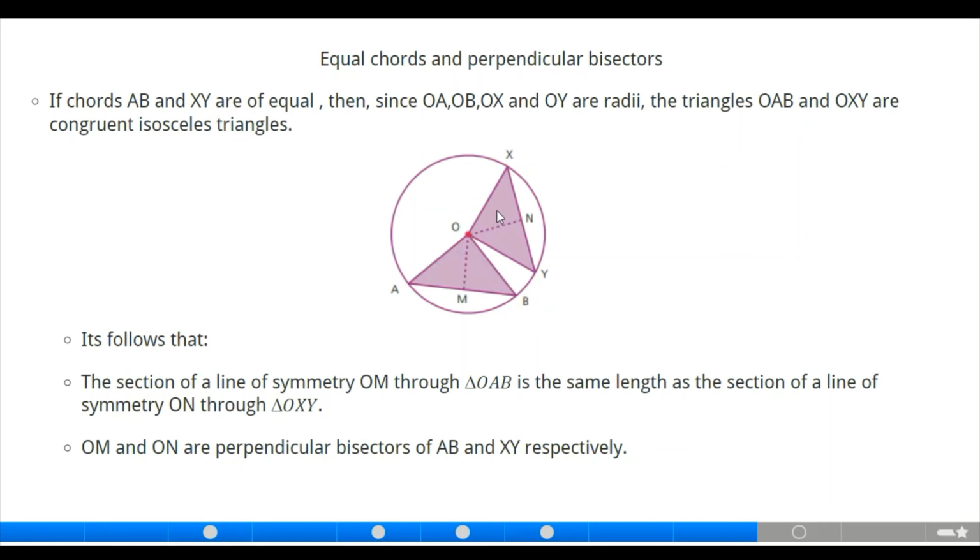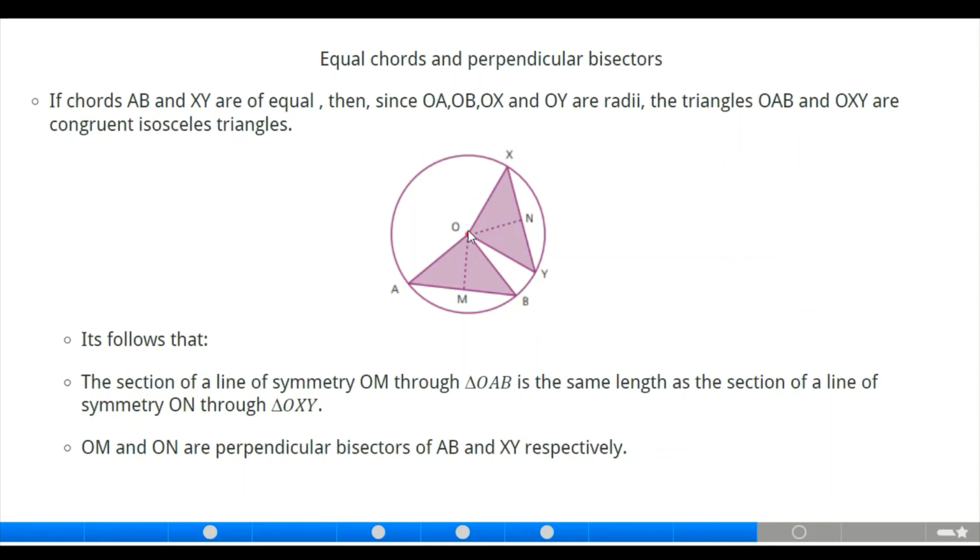Remember, triangle XOY, another triangle, has a sum of 180 degrees. So it makes the circle 360 degrees. They are said to be congruent isosceles triangles. And it follows that the section is the line of symmetry OM.